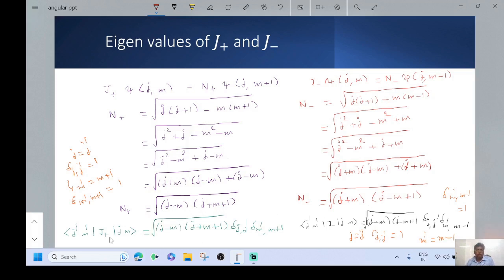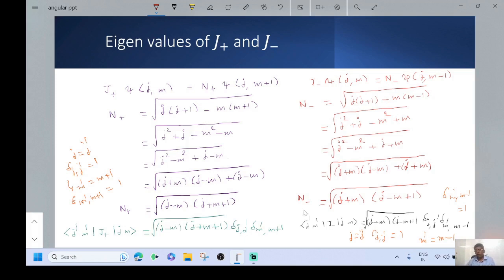Then the matrix form of j plus is this value into delta of j comma j dash. This eigenvalue equation is represented in this matrix form: j dash comma m dash, j plus, jm is equal to this eigenvalue into delta of j comma j dash, delta of m dash comma m plus 1.